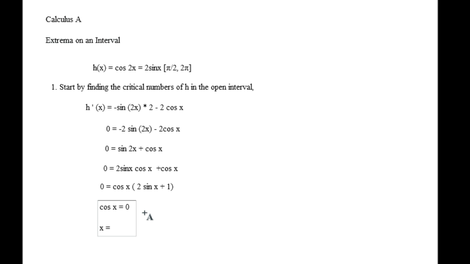We don't include pi halves mainly because it's not in the range. So we're just going to include 3 pi halves. It technically is both, but we're only including this interval.